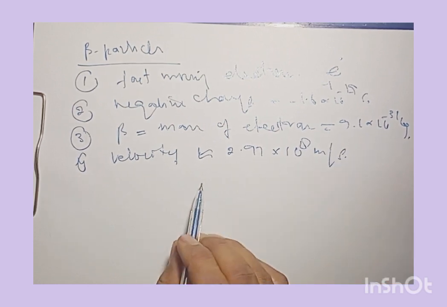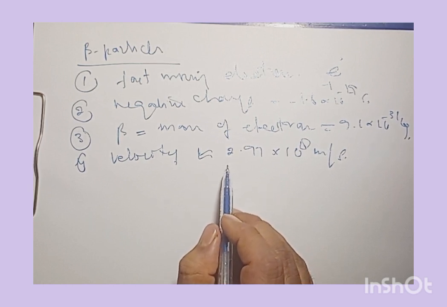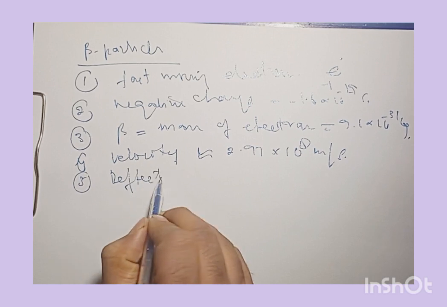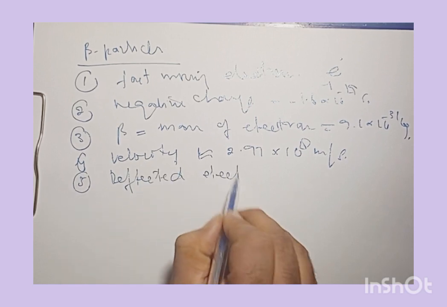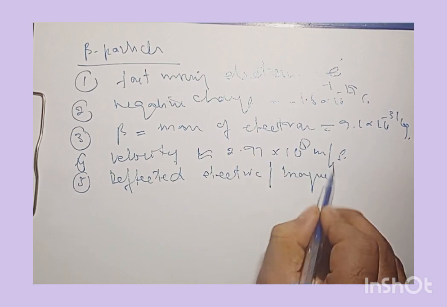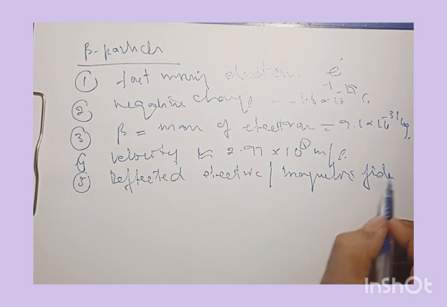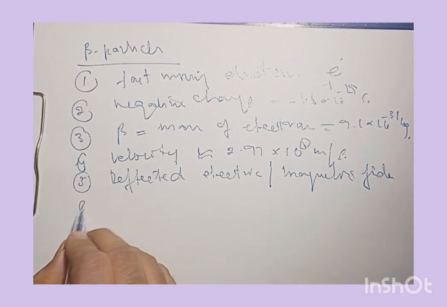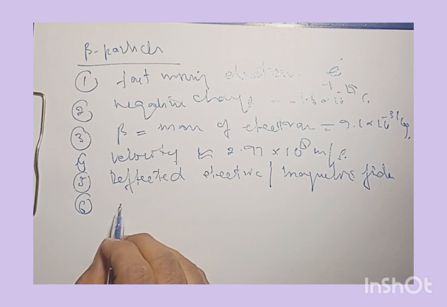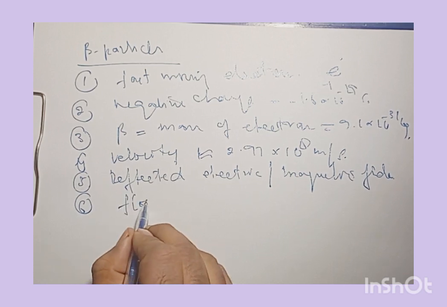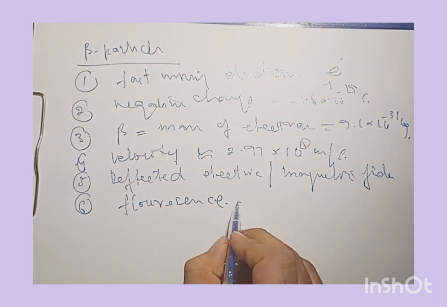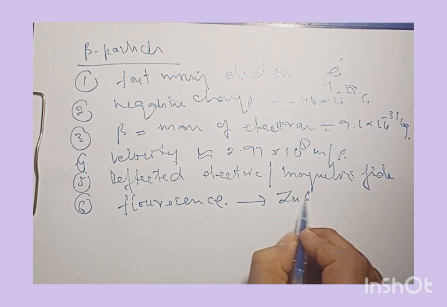So they are very fast, close to the speed of light, and they are deflected by electric fields and by magnetic fields. They also cause fluorescence, the way alpha particles cause fluorescence, in certain materials like zinc sulfide.